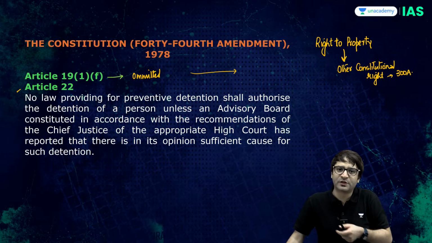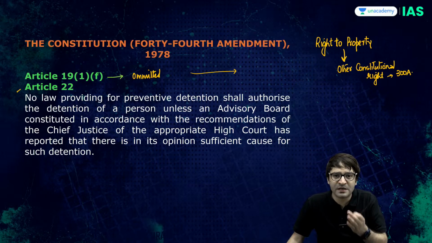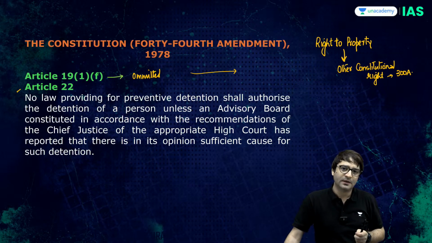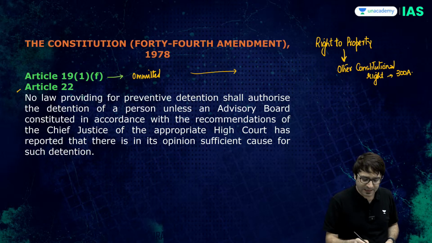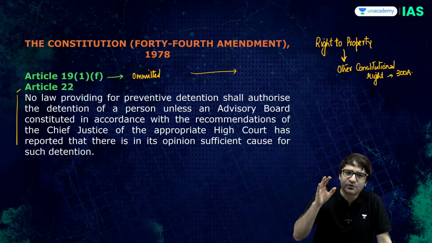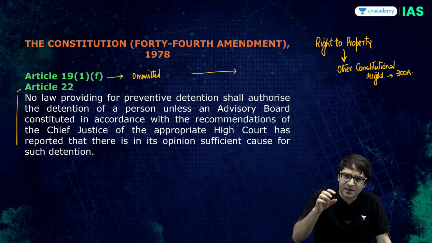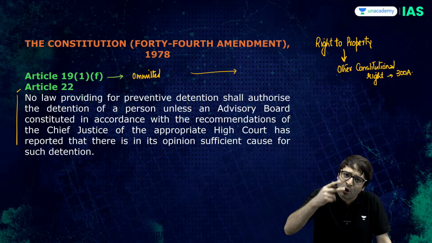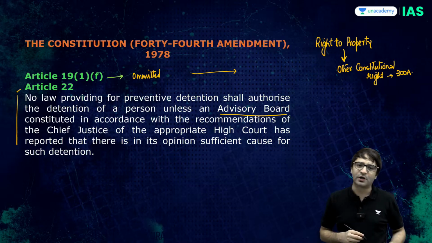You should be produced before the magistrate within 24 hours. But these protections are not available to those who are under preventive detention. But a safeguard was added by the 44th Constitutional Amendment Act, which said that if there is a law which talks about preventive detention, nobody can be kept in custody or detained under preventive detention laws for more than 3 months unless and until an advisory board is constituted.